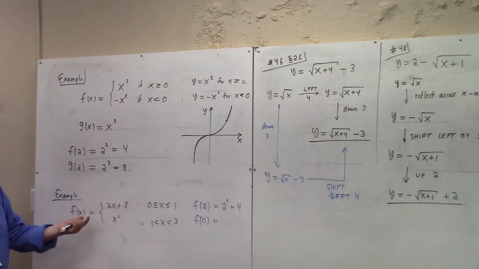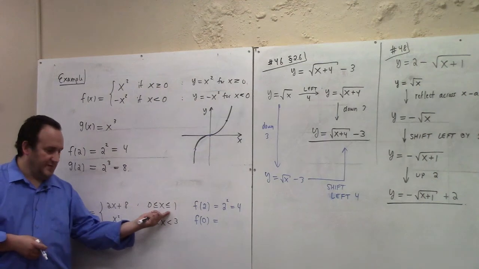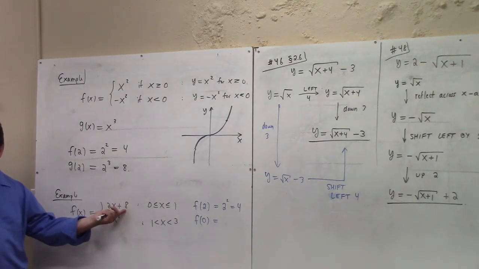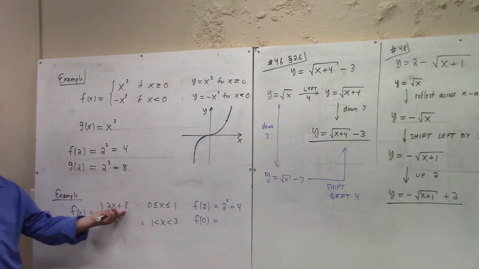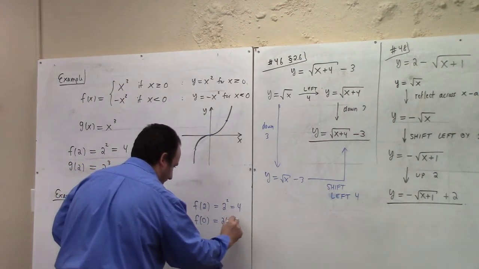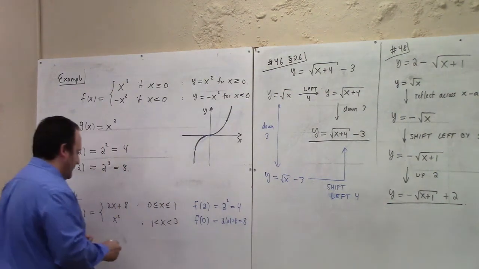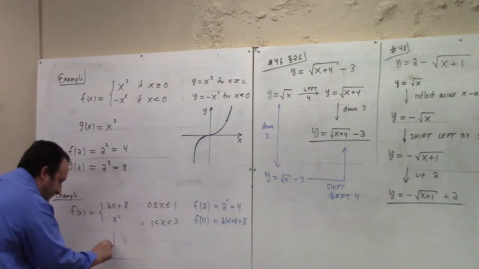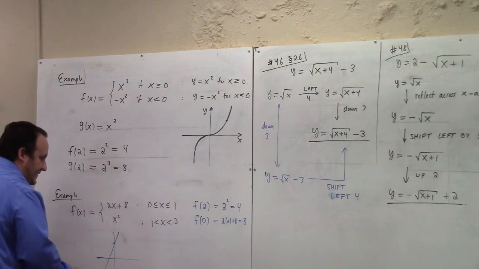But let's see here, f of 0. 0 fits into case 1, right? When we plug in 0 into this, what do we get? 8, right? So if you were to graph this thing, it's got a y-intercept of 8, it's got a slope of 2, something like that.